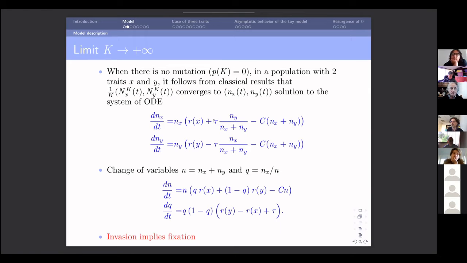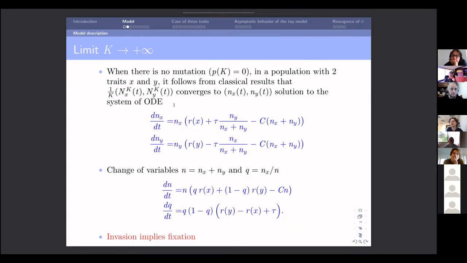And then you have the transfer. The transfer adds a new individual of trait X if Y is less than X, and this occurs with this rate: nx times ny over nx plus ny, times tau. And then I remove an individual with trait Y.